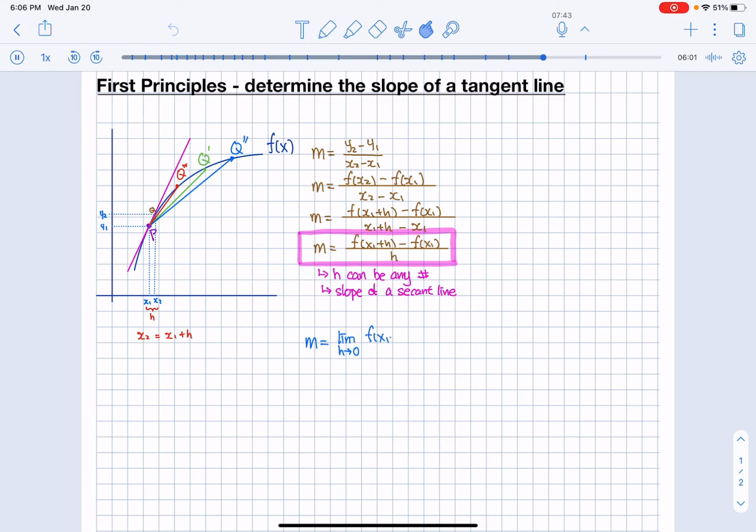f of x1 plus h minus f of x1, divided by h. And this is the slope of a tangent line, where h is extremely small.